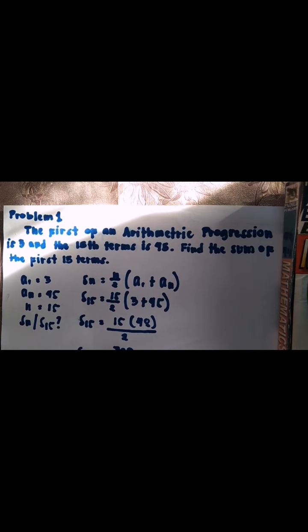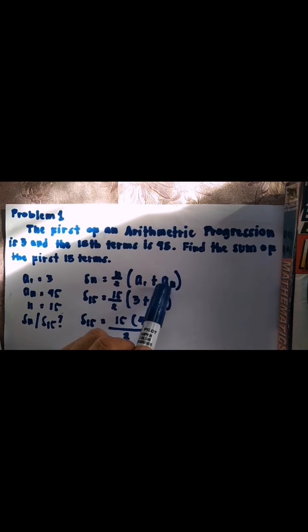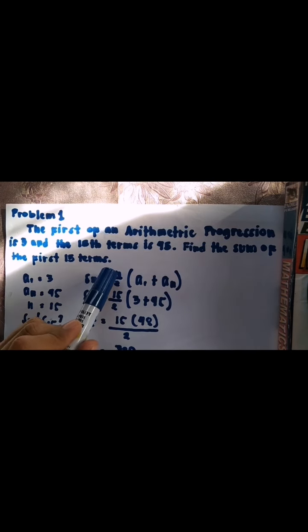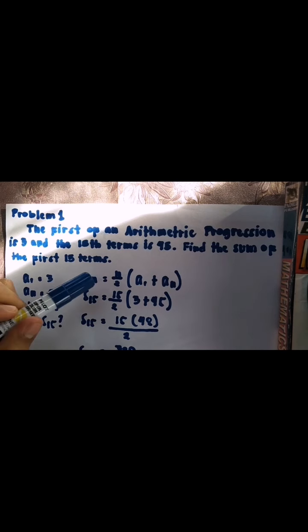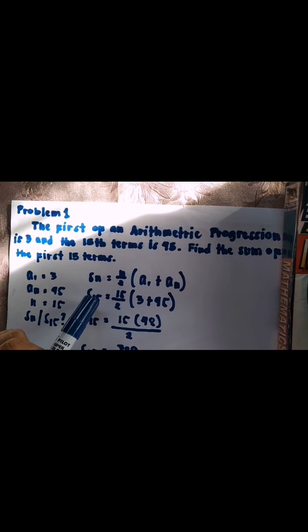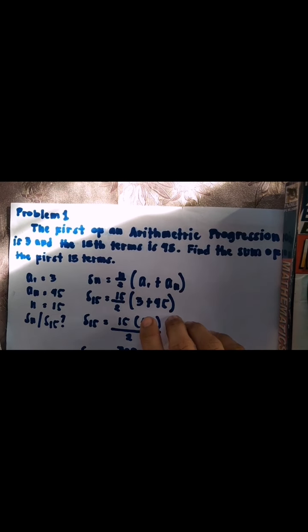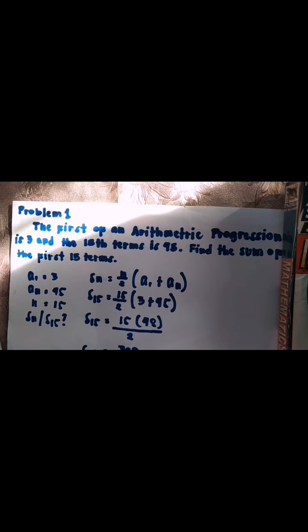Now we can use the formula for the sum of n terms: S sub n is equal to n over 2 times a sub 1 plus a sub n. Now that we have rewritten the given numbers, let's substitute each value.